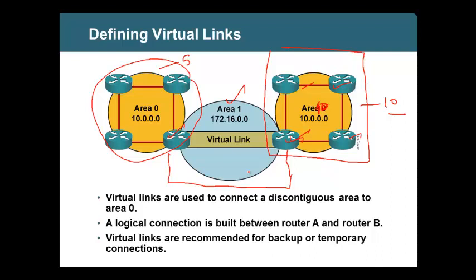So for the time being, you want to connect this area 10 through some alternate method, a temporary method. A temporary remedy is what you want for this problem. For the time being, I want area 10 to be connected to area 0 through some other way, because laying a cable under the ground and connecting will take a lot of time.